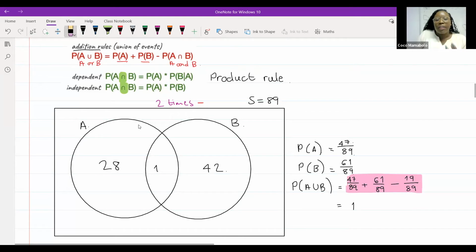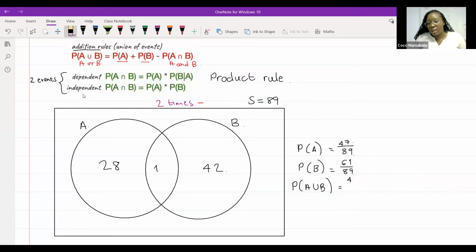However, there are always certain instances that are going to be different. There are 2 different types of events. I want you to write down these 2 events: they are dependent events and they are independent events. I'm going to explain with a quick example to make sure that we're all on the same page.